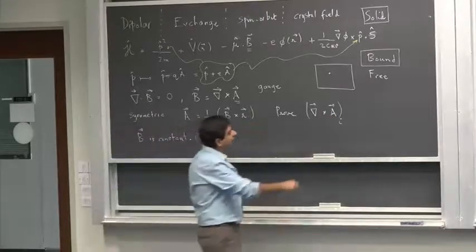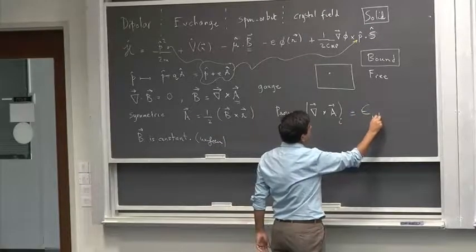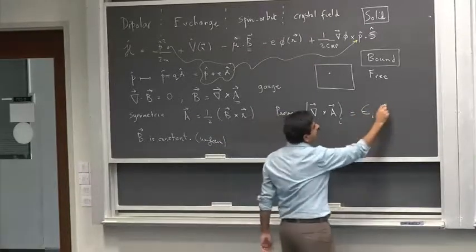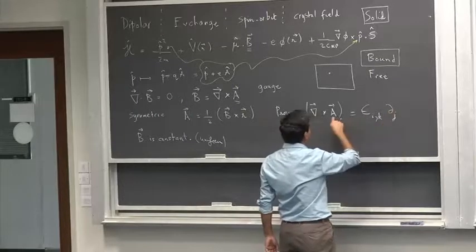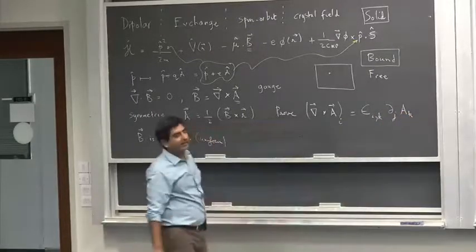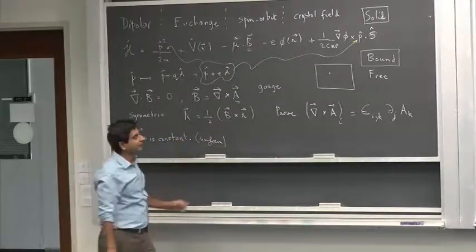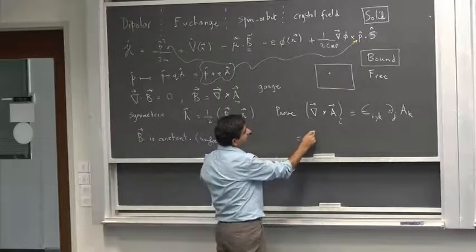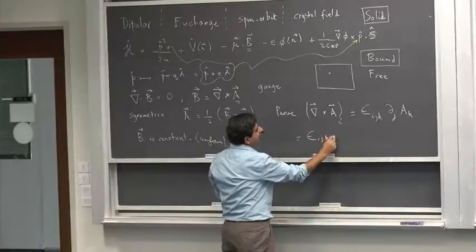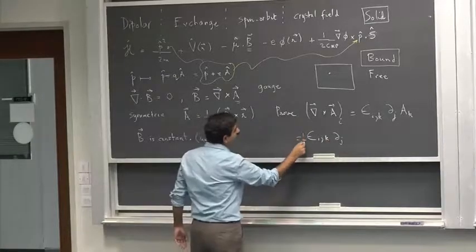Now I use the Levi-Civita symbolism, I, J, K. This is the partial derivative with respect to J. This is the kth term of A. A in itself is a vector. So I take the kth term of A, I, J, K, partial J. Now what's the kth term of A? The half comes in here.